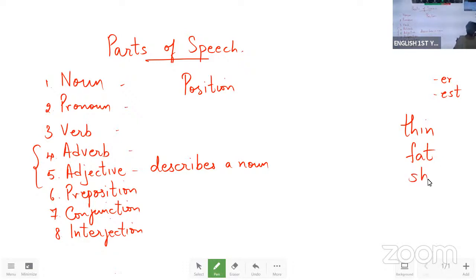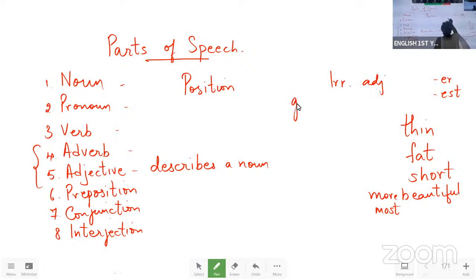Short, shorter, shortest. But like I said, every rule has exceptions. When it comes to beautiful, you cannot say beautifuler and beautifulest. So you use the word more, most. More beautiful, most beautiful. More expensive, most expensive. But there are also irregular adjectives.